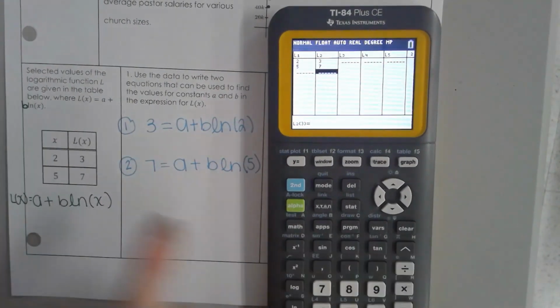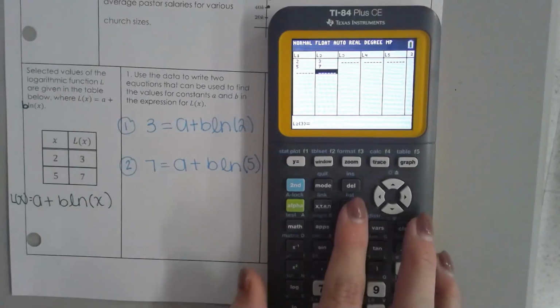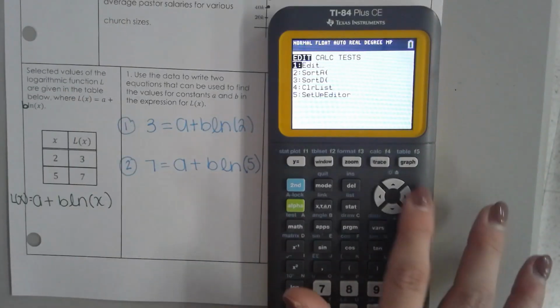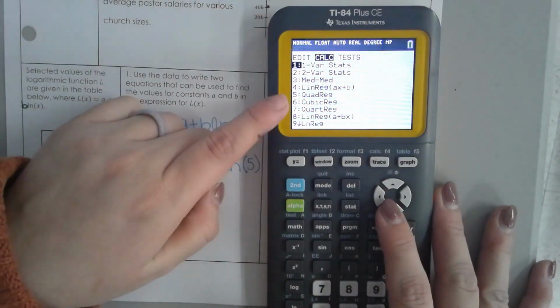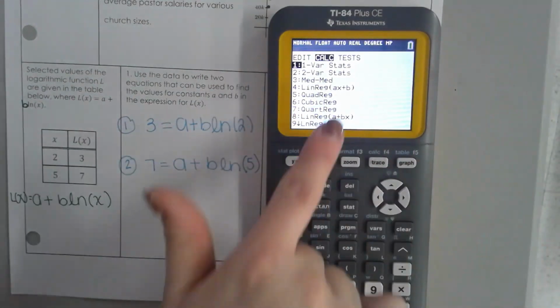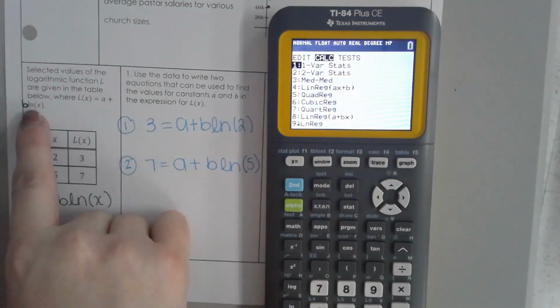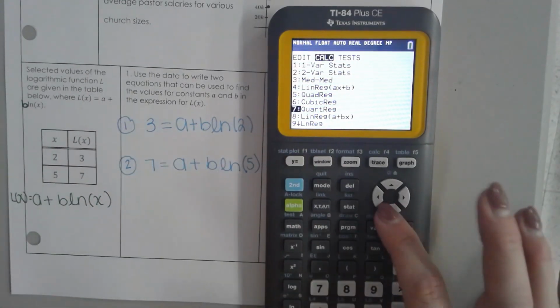And then this is a log function, so we're going to go to Stat, Calc. All of these ones that have REG are regression, and it has LN in it, so it's natural log. You see in number 9 it says LN regression.